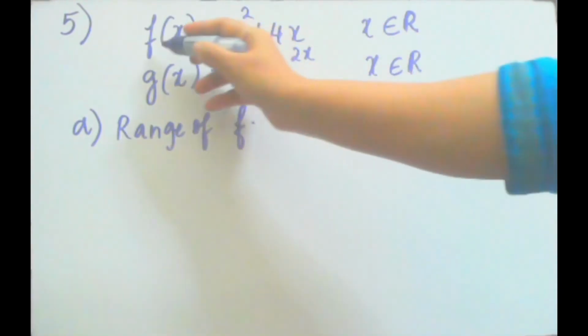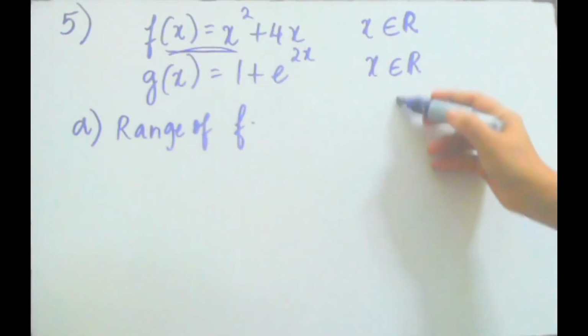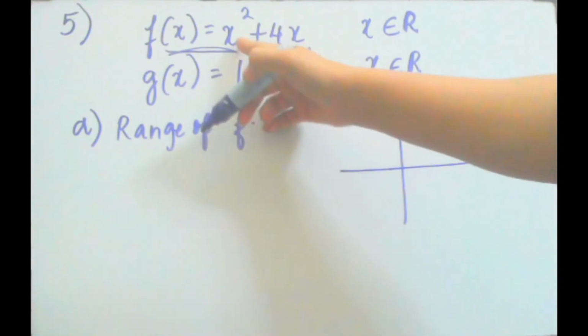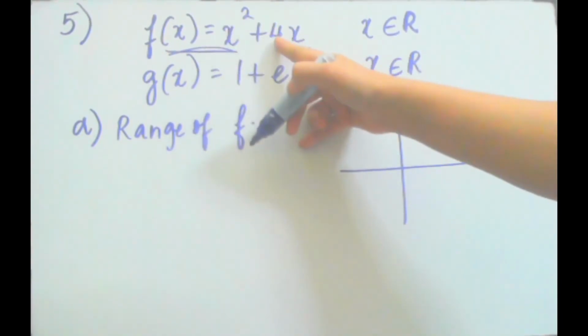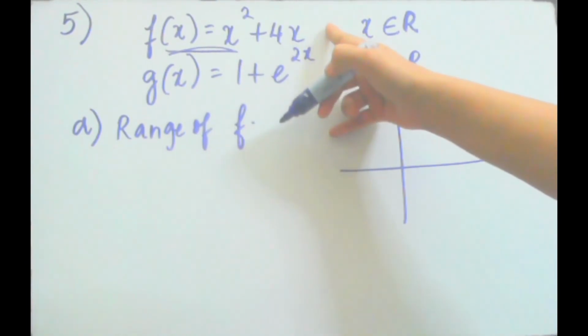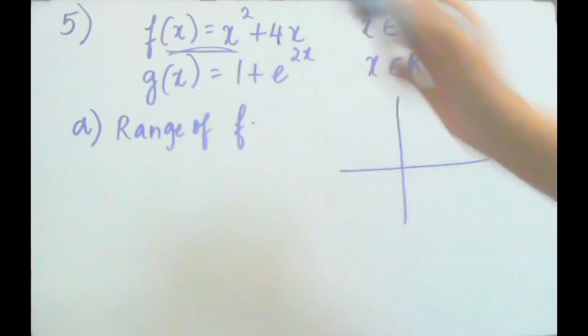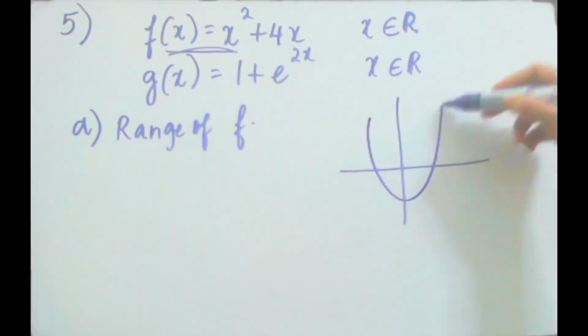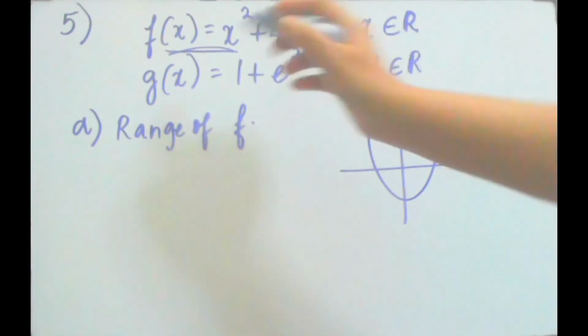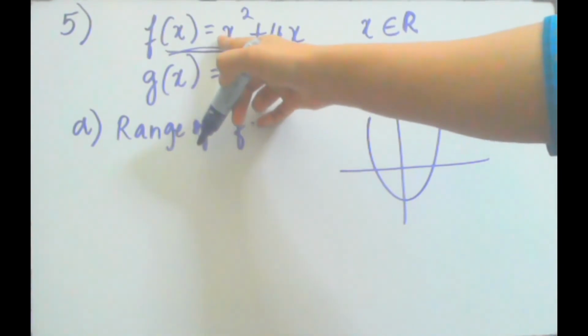If we are going to plot this on the graph, you can see that this is a quadratic equation with a equal to 1, b equal to 4 and c equal to 0. We know that this results in a parabola which is concave up, because the x square coefficient has a positive sign.